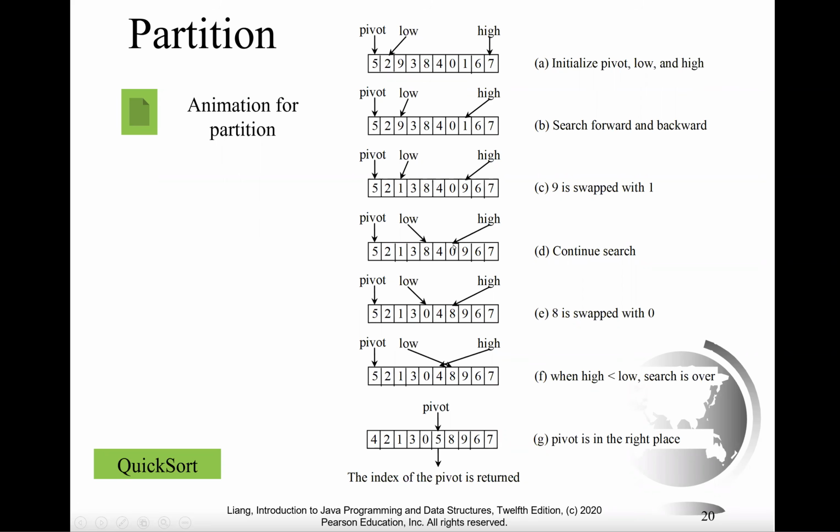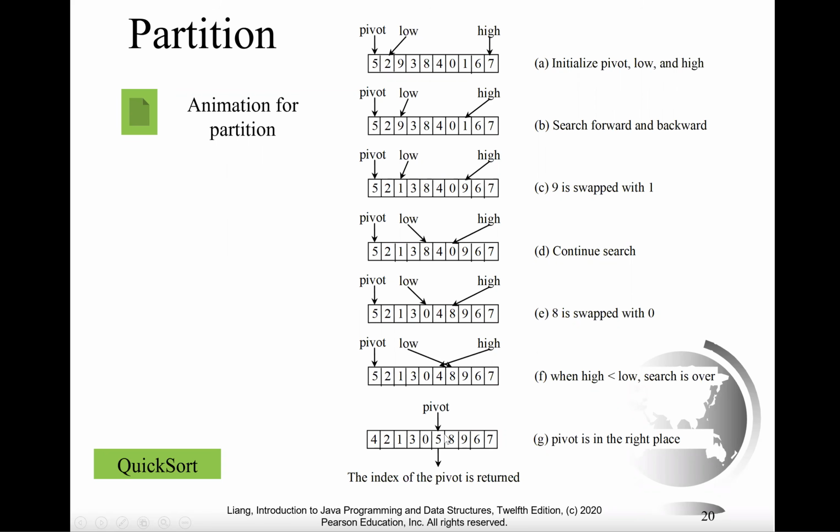So right here, 0 and 8, swap those 2, and now continue. Until you see that high is before low. In that case, you're going to swap the number at high with the pivot. So this is right here.